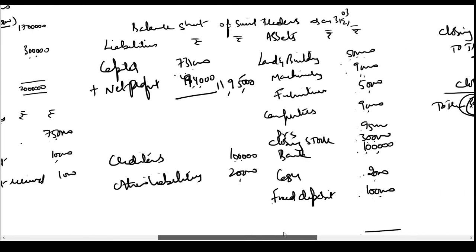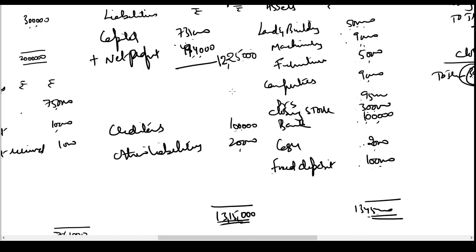That means the capital balance will be 731 plus 494 is 12,25,000.